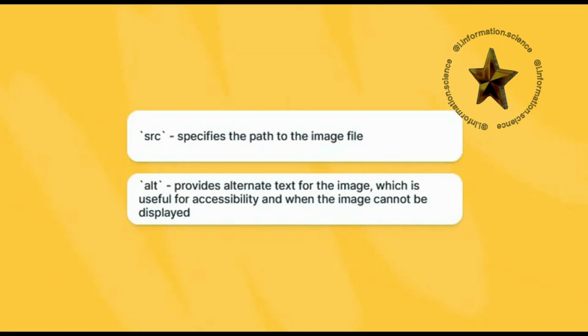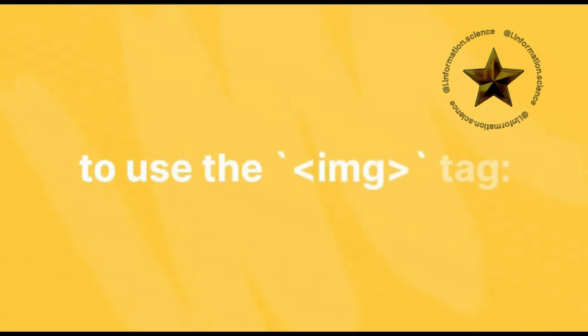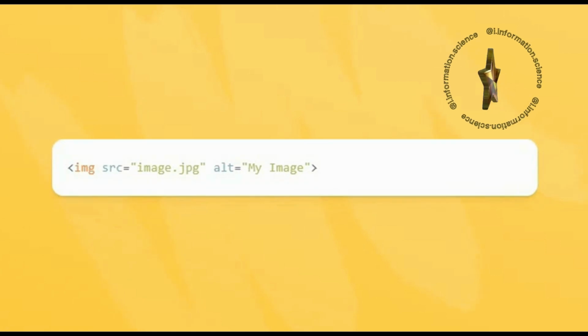Alt provides alternate text for the image, which is useful for accessibility and when the image cannot be displayed. Here is an example of how to use the img tag. img src equals image.jpg, alt equals my image.